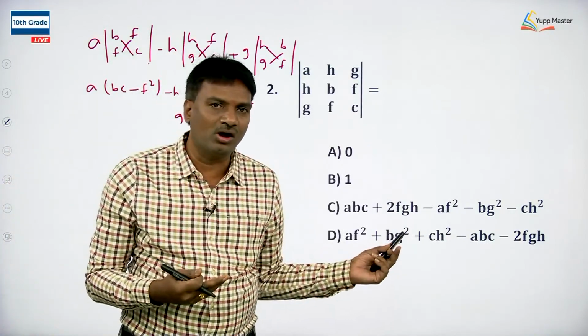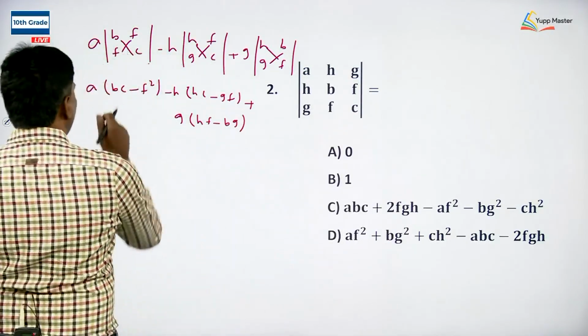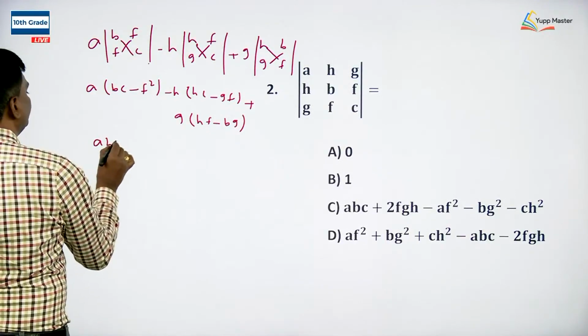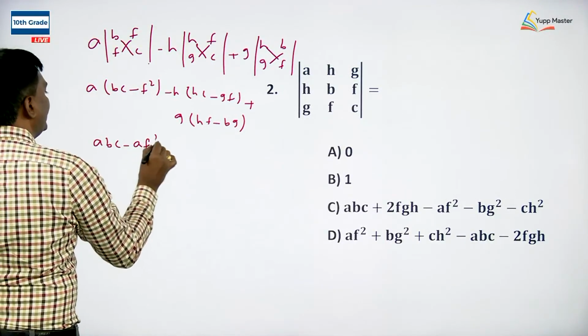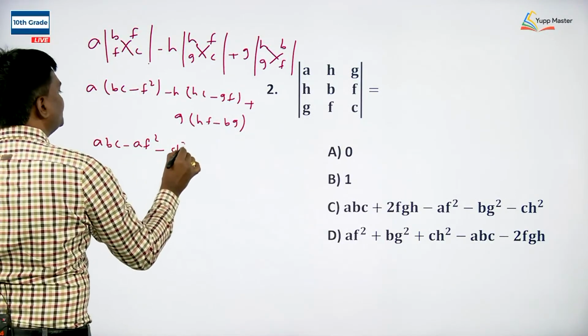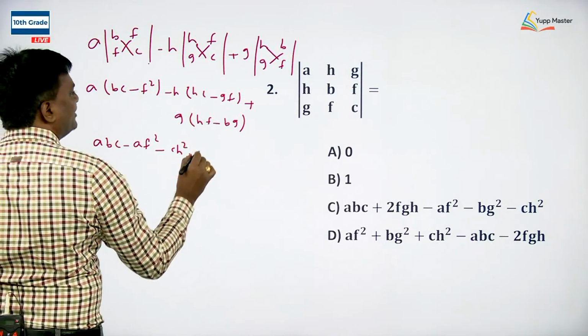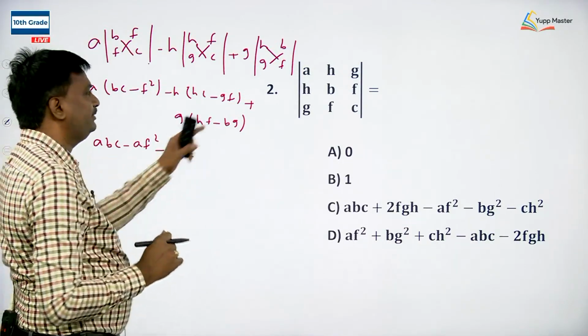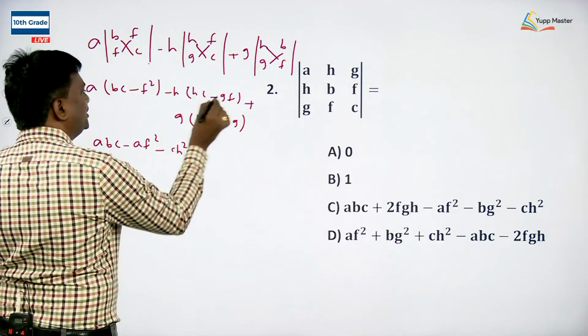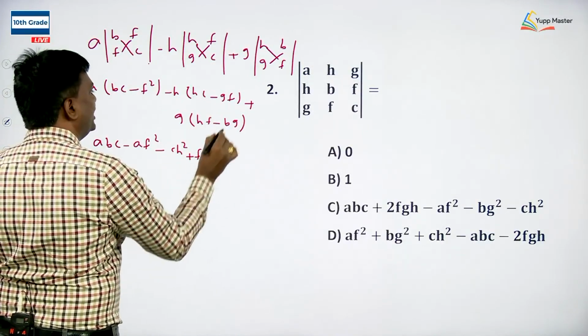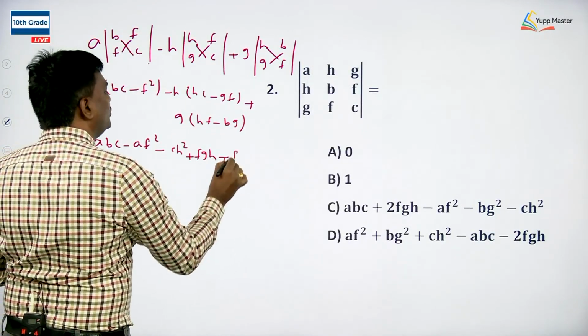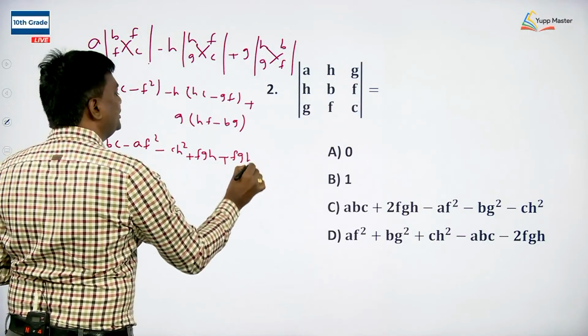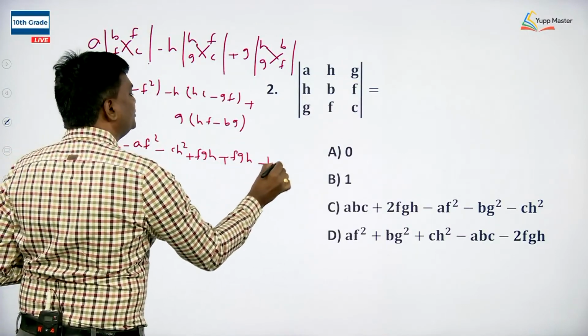You will get ABC minus AF square minus CH square, minus of minus plus HFG, or FGH. H into GF, that is FGH, plus here also we have G into HF, FGH, minus G into BG, that is minus BG square.